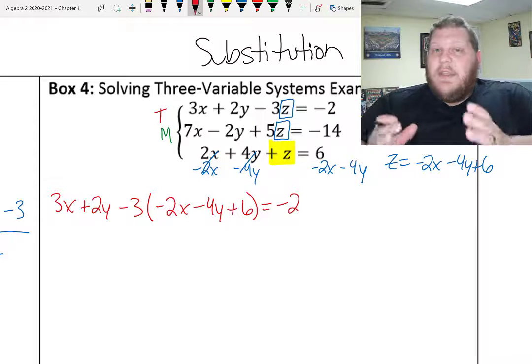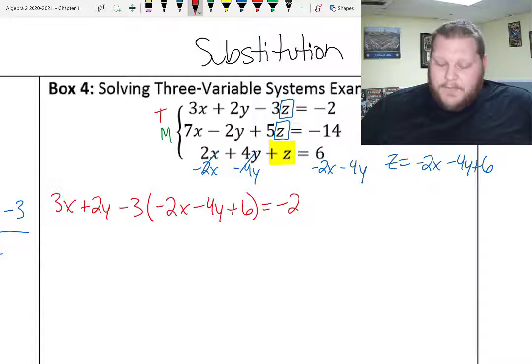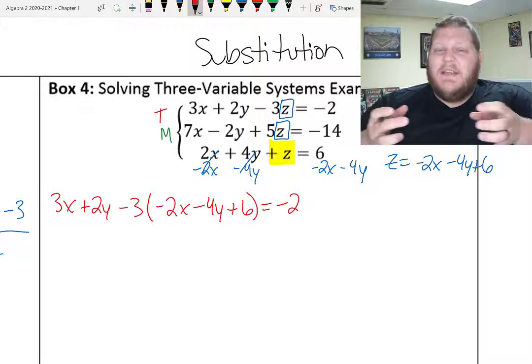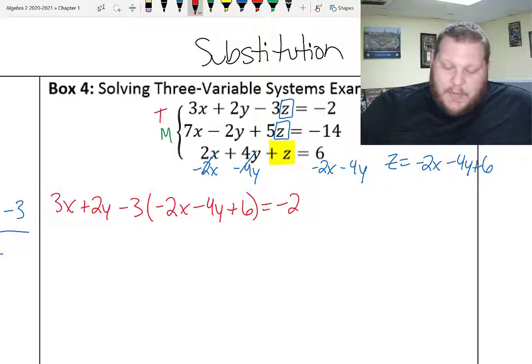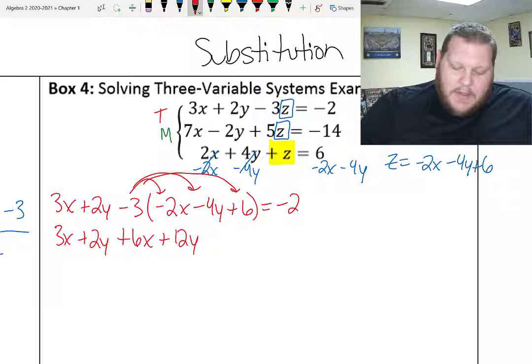You can see I'm just taking what z was and substituting that in for z in my top equation. I'm going to simplify this down a little bit. Since we have just x's and y's, I can get that a lot more condensed. I'm going to start by distributing my negative 3 into all three parts of the parentheses. So that's 3x plus 2y plus 6x plus 12y minus 18 equals negative 2.